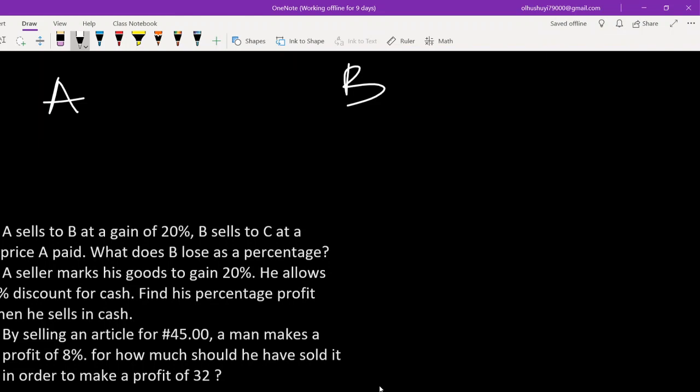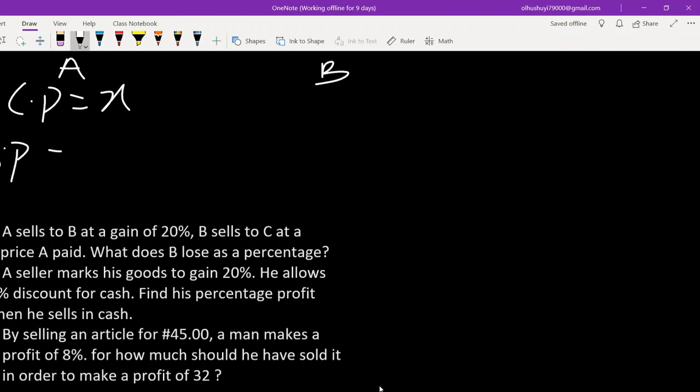For A, the cost price is x. The selling price to B at 20% gain will be 120 over 100 of x.